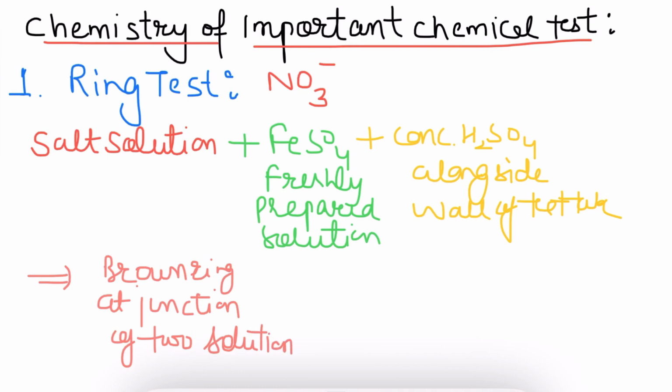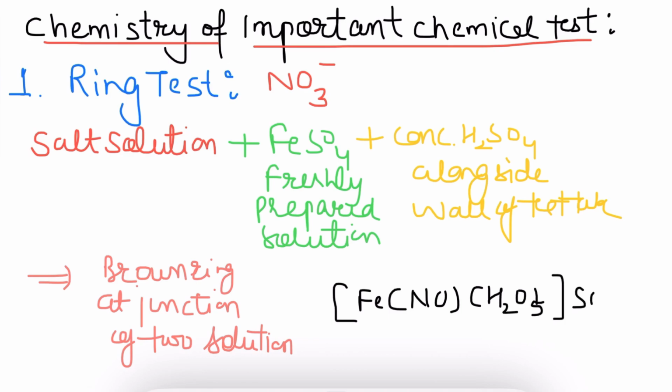Please do not mix the reaction mixture here. Its formula is [Fe(H2O)5NO]. Keep the test tube as such so that the brown ring settles and becomes stable.